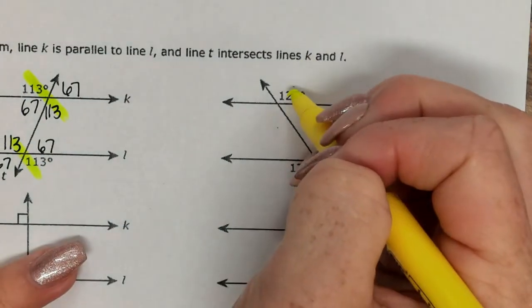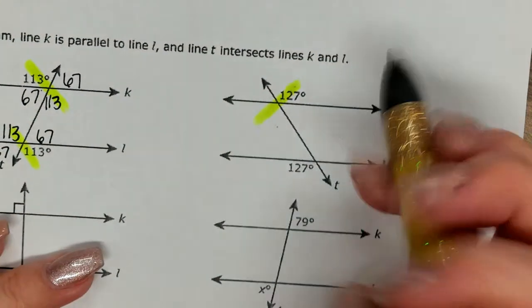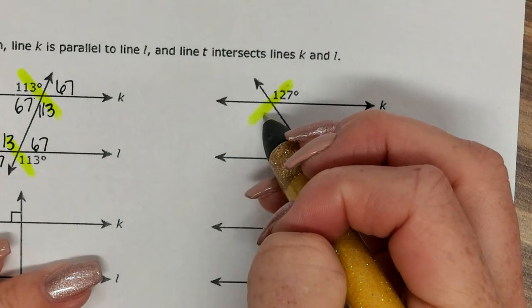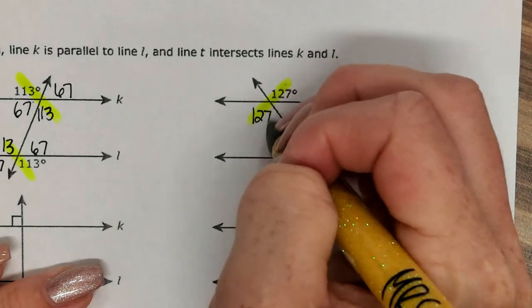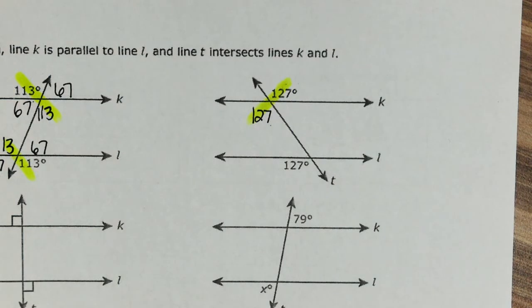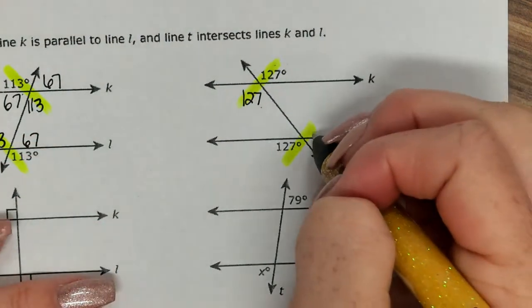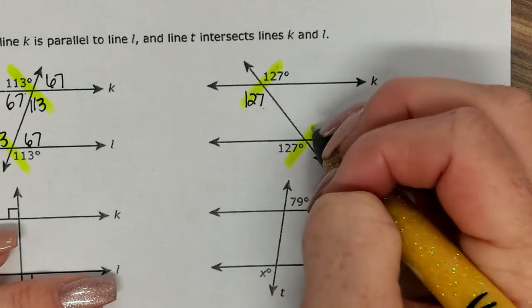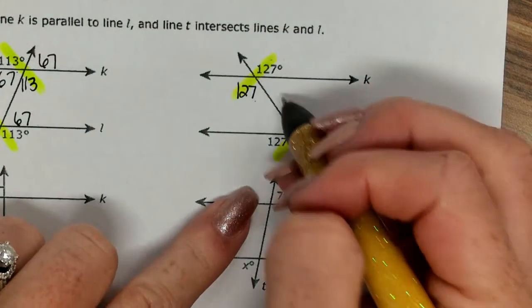All right, let's do this one. This is obtuse, yes? So what would this angle be? 127, because they are the same. They're both obtuse. How about this right here? What's this one going to be? 127. What if I want the acute angle with it?